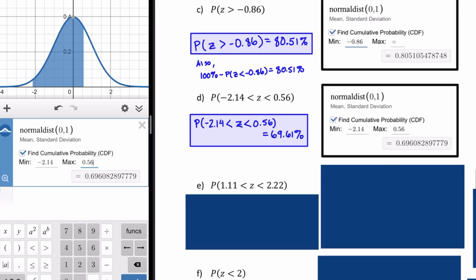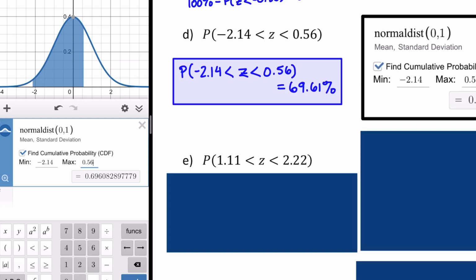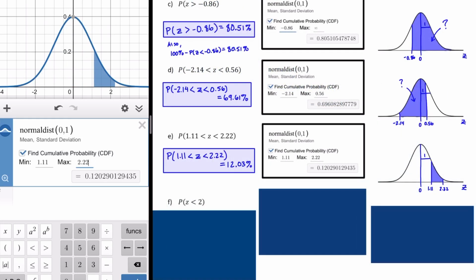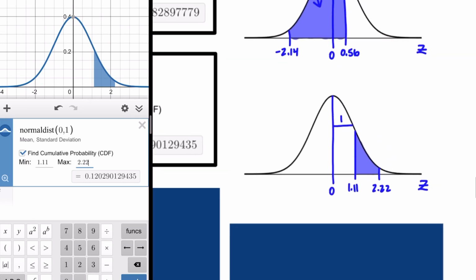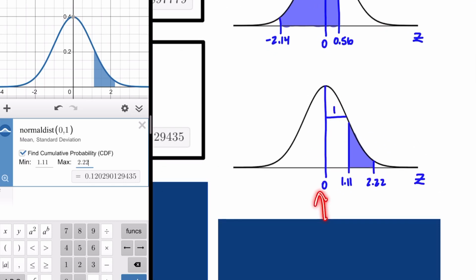I want you to pause the video and try this next one on your own. All right, welcome back. So let's take a look first with our picture. So we start at 0, with a mean of 0 and standard deviation of 1. And then we're going to go from 1.11 to 2.22, and it's the area in between, so it's just that little piece.